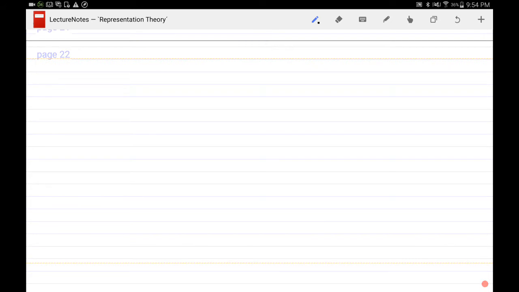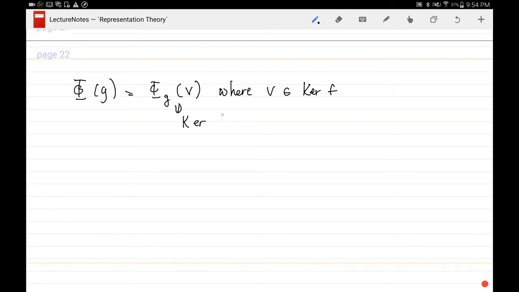Then what I need to show is that, for example, the representation phi acting on the group element G to give phi(G), that will act on v, where v is an element of the kernel of F, then we want to show that this is also in the kernel of F. So you can see how helpful it is to distinguish between the representation space and the representation.